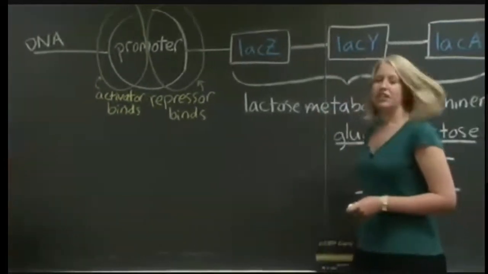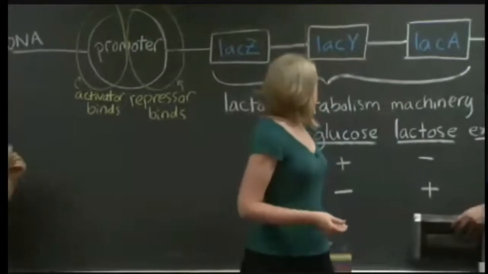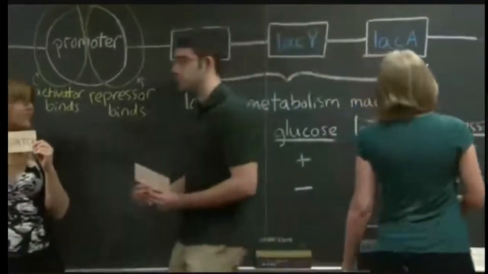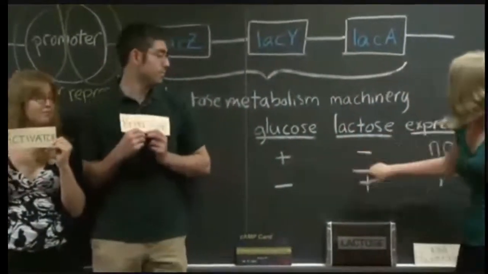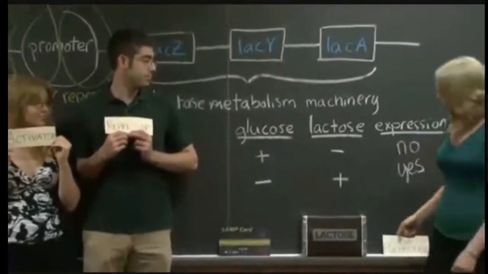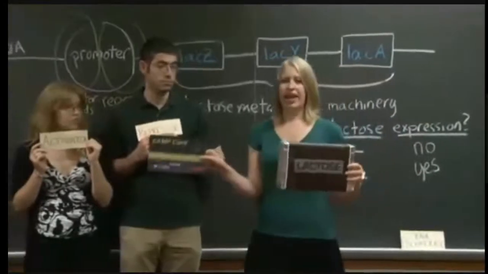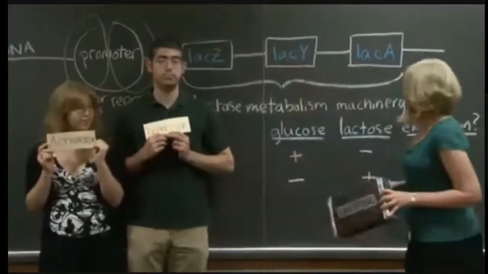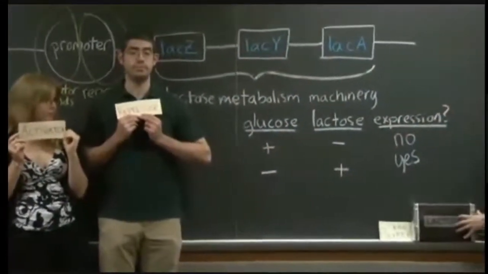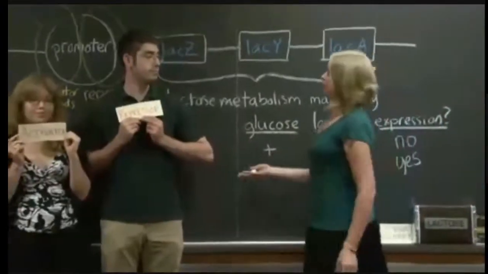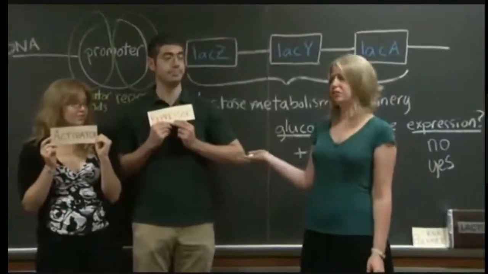Okay, so let's give it a try. In this first situation, we have glucose, we don't have lactose. So I have neither my lactose nor my CAMP in the system. Repressor, can you bind? The repressor is bound.